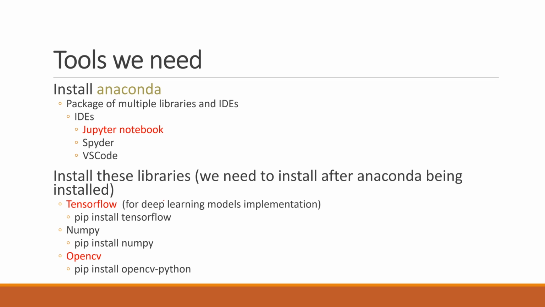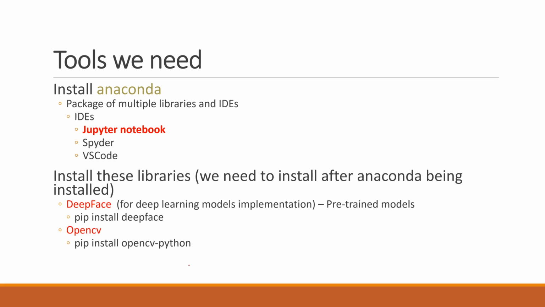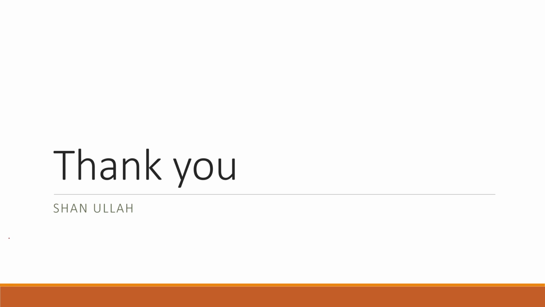For deep learning architecture libraries, we will be using TensorFlow by Google, and for some calculation we will be using NumPy. And as I told you before, for overlaying the text and rectangles we will be using OpenCV. After this we will dive into the actual implementation.